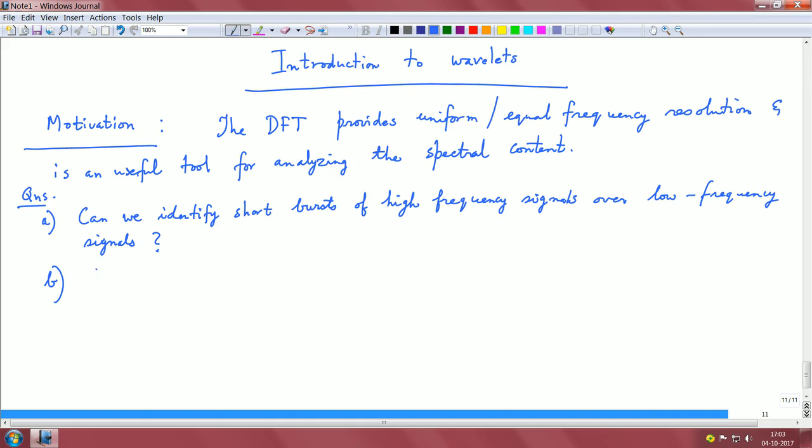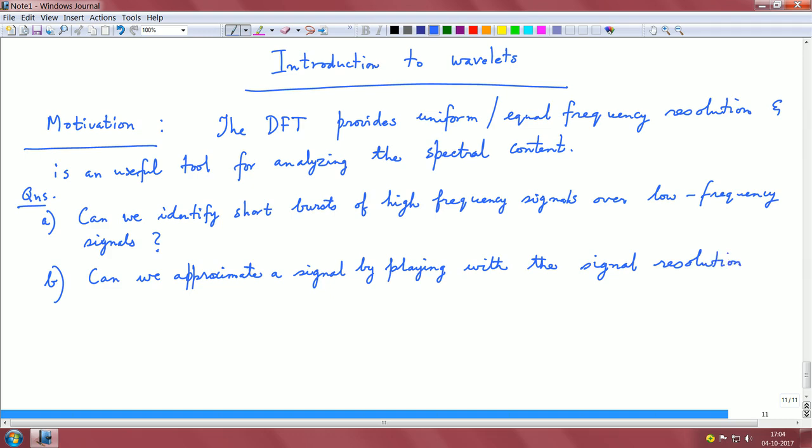Second problem, can we approximate a signal by playing with the signal resolution non-uniformly over the entire spectrum.